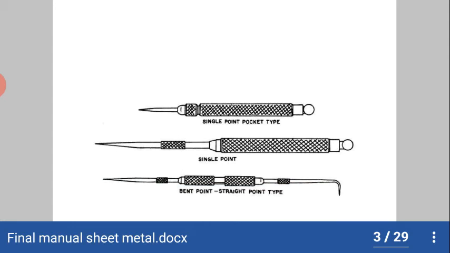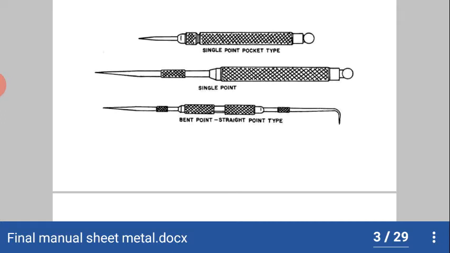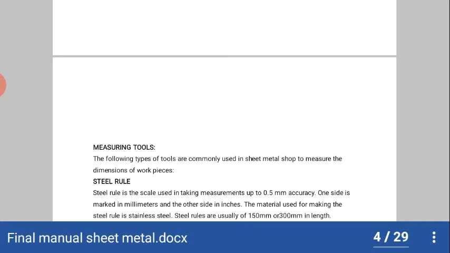So these are the scribers. Students, a scriber is used for marking purpose, for creating lines over the sheet. These are made from hardened stainless steel. Different shapes of scribers are made.